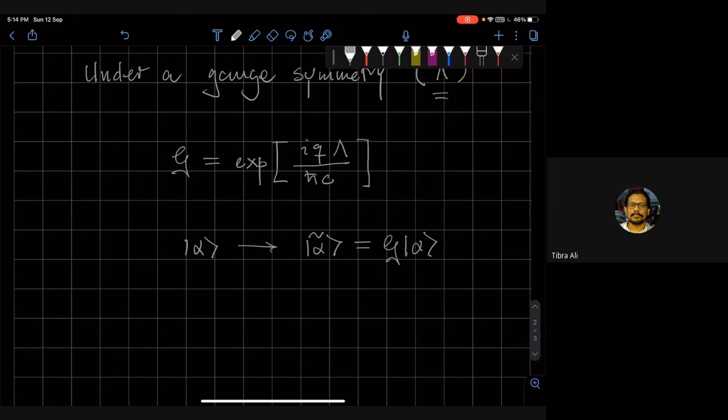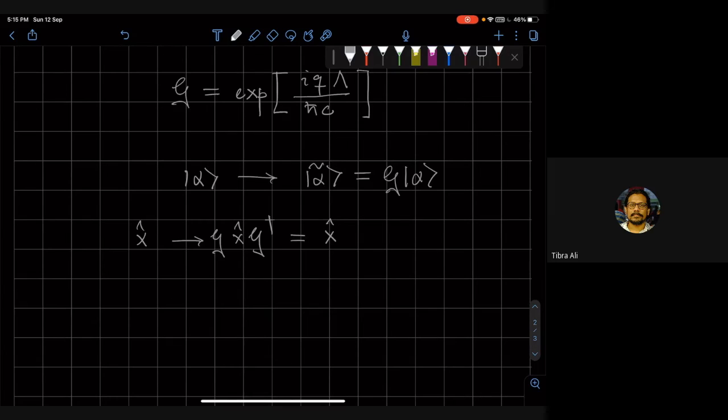And we also saw the transformation of operators, say the position operator. Any operator transforms like this, but the position operator is invariant under this gauge transformation, so it doesn't change.